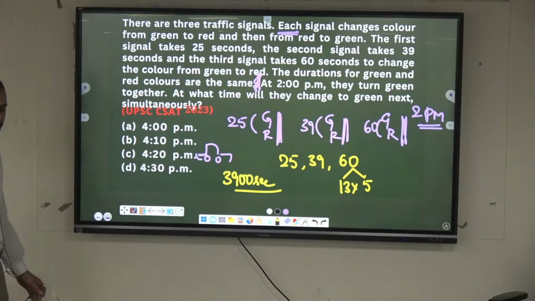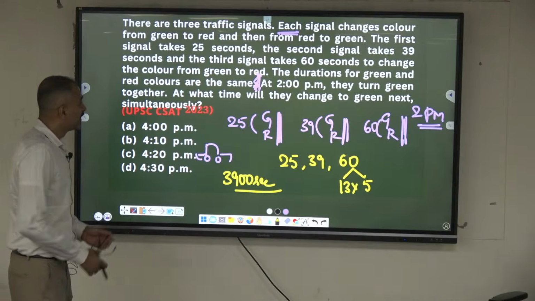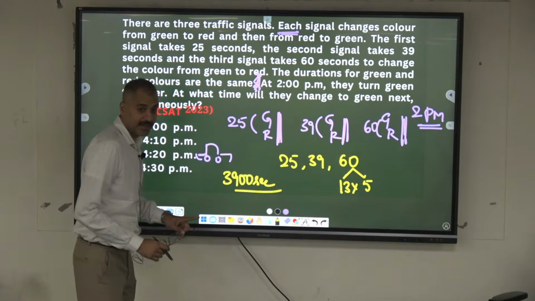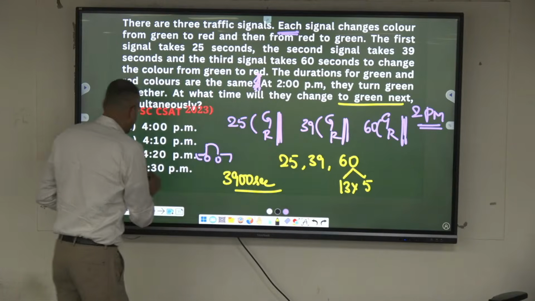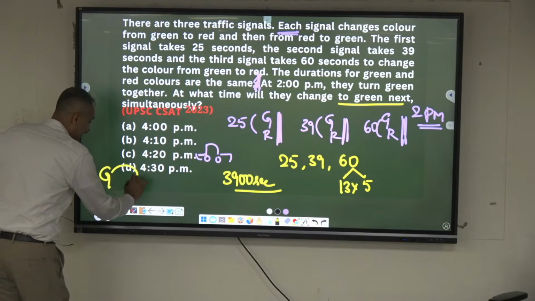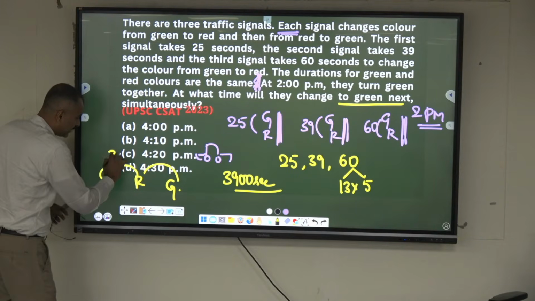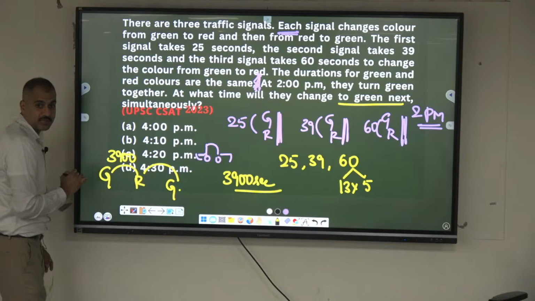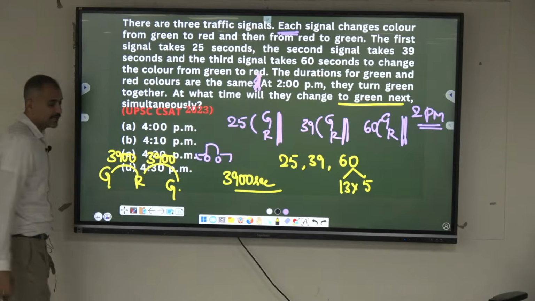Now look here. In these 3,900 seconds, what happens? A green becomes red, but it has to change to green again. Meaning, from green to red it took 3,900 seconds, and from red to green again it takes 3,900 seconds.